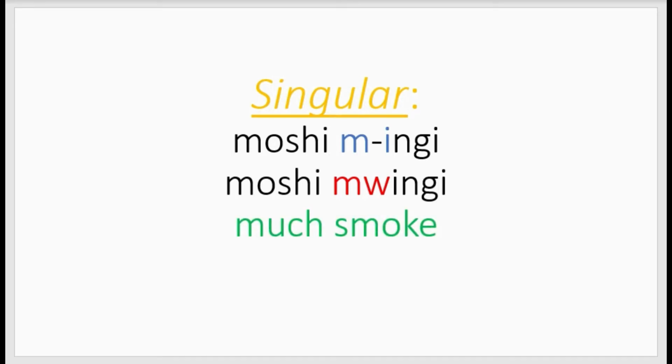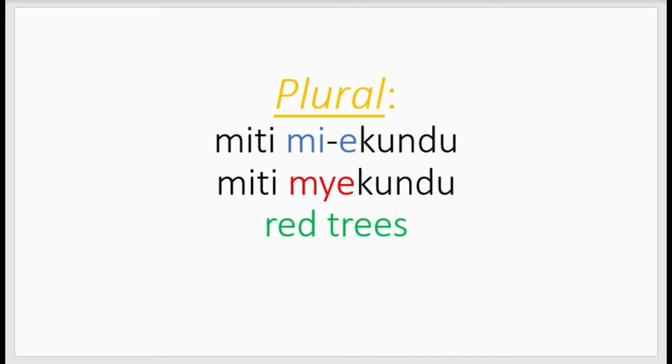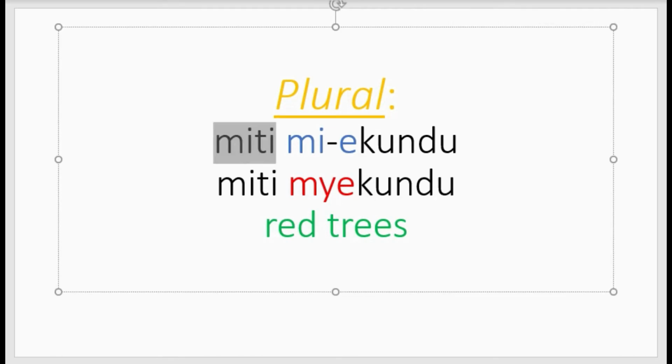All right, now in plural form we would say miti, which is the plural of mti. Mti is a tree, miti means trees. Ekundu means red. Now we take the mi, the first mi, from the noun, and mi combined with e, we get mie. Miekundu.